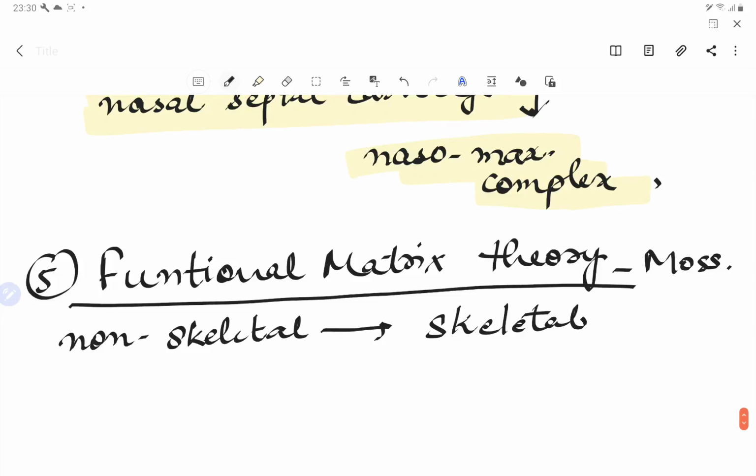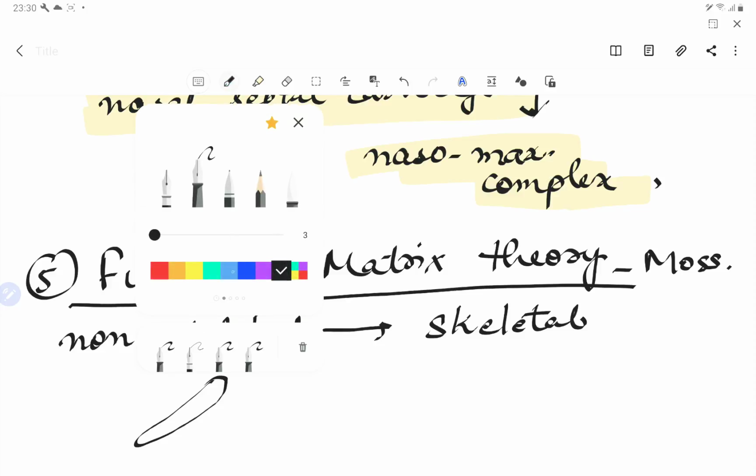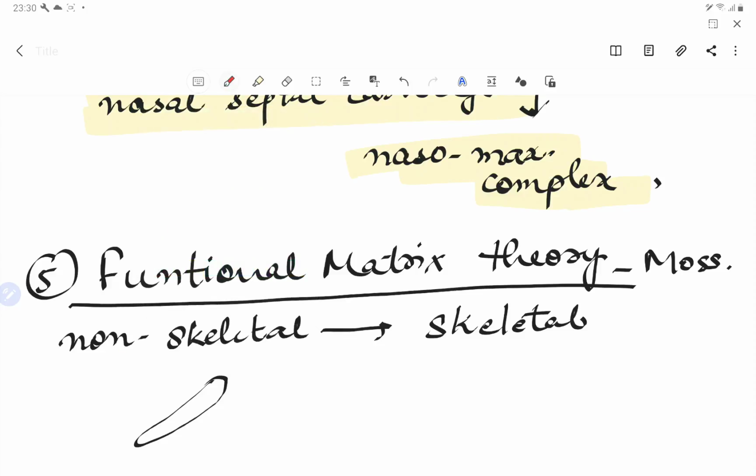So according to the functional matrix theory, like how we talked about the growth of the mandible is from Meckel's cartilage, right? So Meckel's cartilage, there is inferior alveolar nerve. Just suppose this is the Meckel's cartilage, and close to the Meckel's cartilage there is this inferior alveolar nerve which is dividing into mental nerve and also the incisive nerve, right?